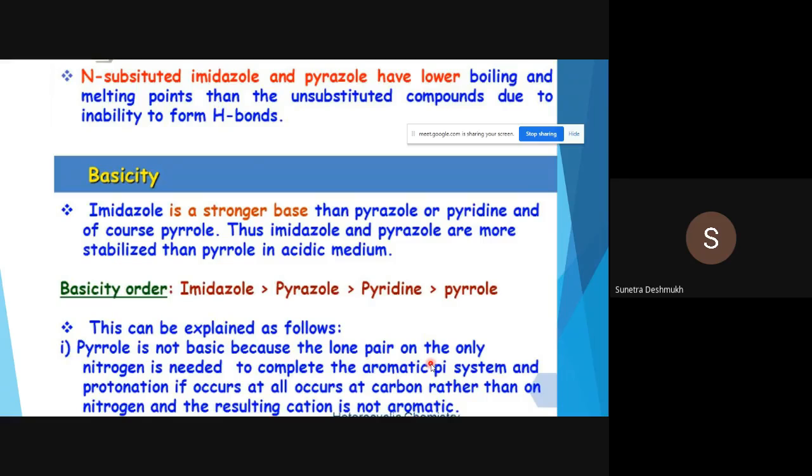If protonation occurs, it occurs at carbon rather than on nitrogen, and the resulting cation is not aromatic at all. That's why pyrrole is less basic compared to the other three heterocycles. If you study all these heterocycles thoroughly, then only you can explain this kind of thing.